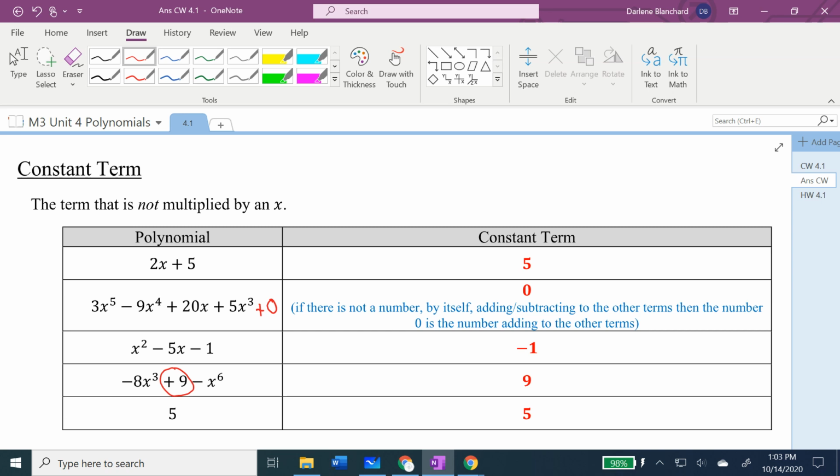And the reason each of these are getting vocabulary words is because they hold an importance with things we're going to be learning. And you need to know what the constant term is. And actually, I can tell you now, one of the big things about constant term is it is the y-intercept of the graph of the polynomial every time.